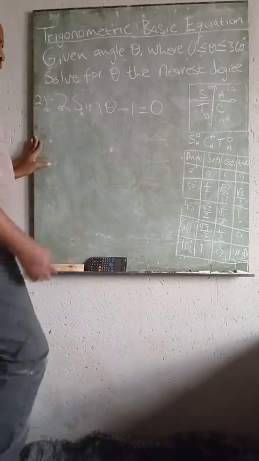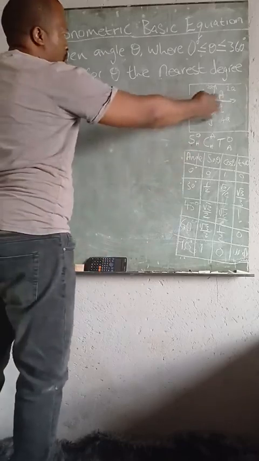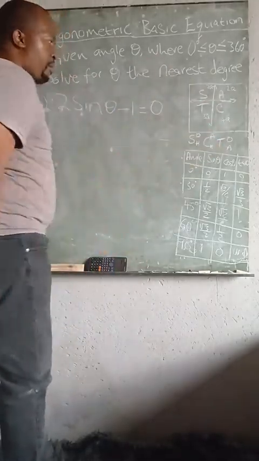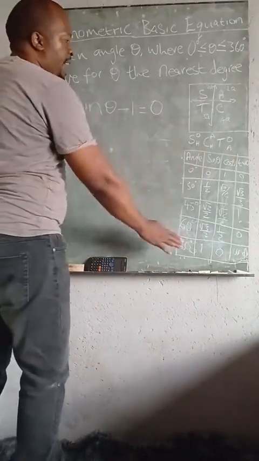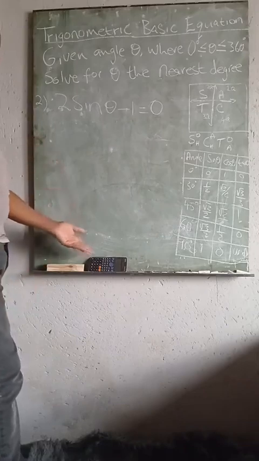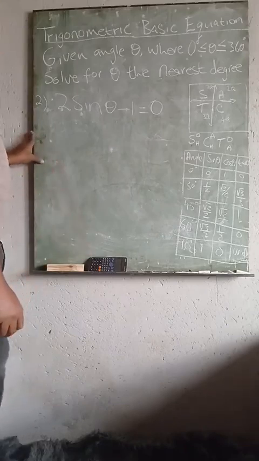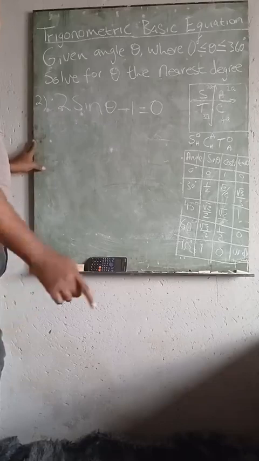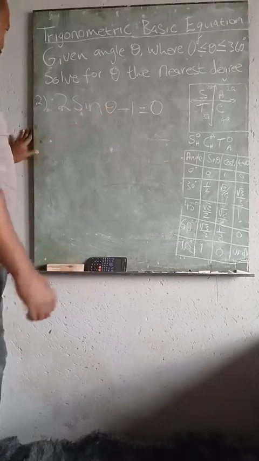And remember, we need to know the CAST rule, our SOH CAH TOA, and special angles, or the table of special angles. So you can use a calculator also. Before we can continue, because we are dealing with the acutes, let us simplify this first.